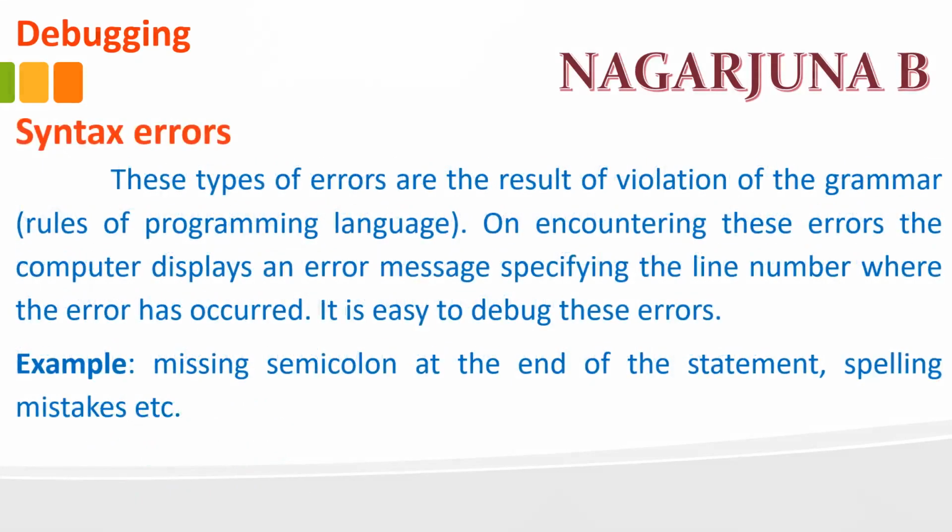The first kind of error is syntax errors. These are the types of errors which result from the violation of grammar. Each language has a grammar, rules or a syntax which has to be followed. Similarly, if we make any mistakes which violate the rules of a programming language, those are called syntax errors.